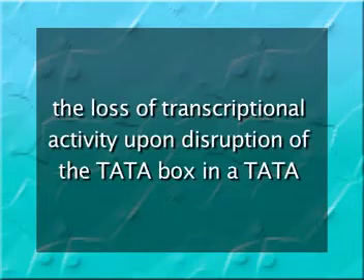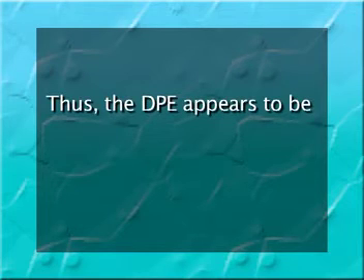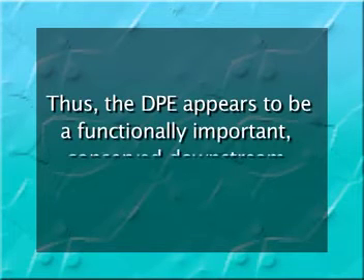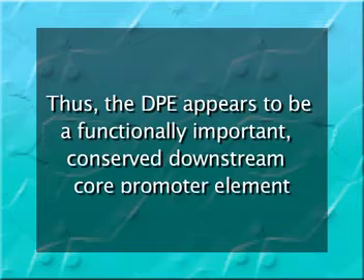Interestingly, the loss of transcription activity upon disruption of the TATA box in a TATA-containing promoter could be recovered by the insertion of a DPE at a downstream position in the defective promoter. Thus, the DPE appears to be a functionally important conserved downstream core promoter element.